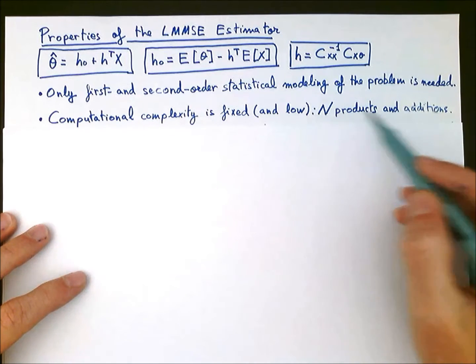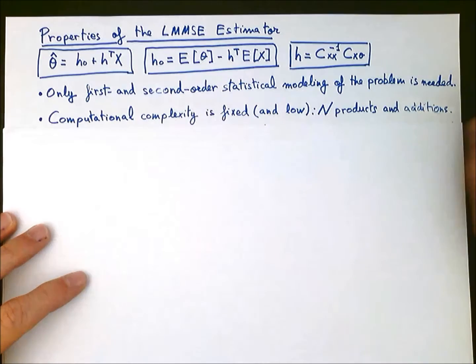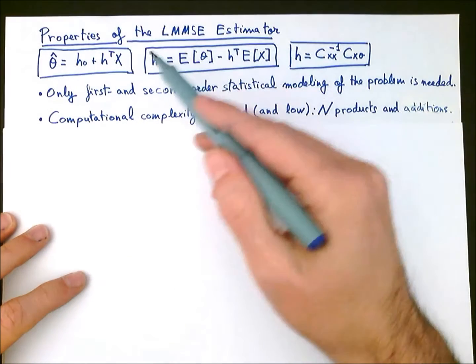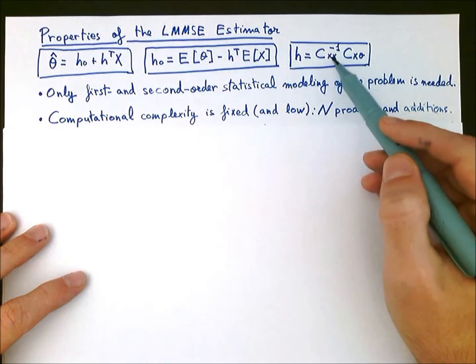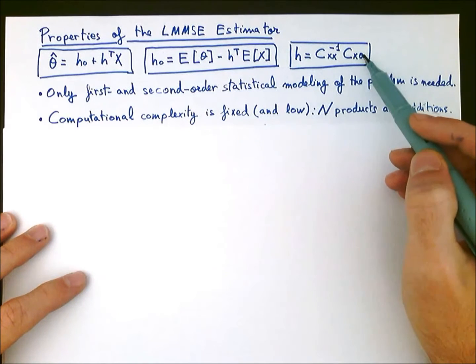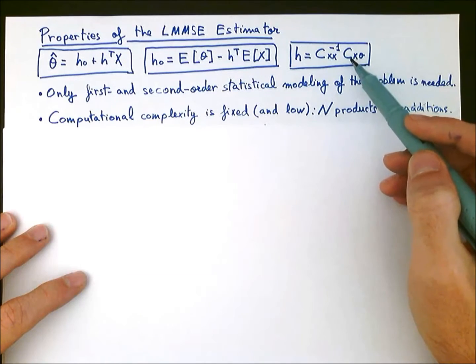Therefore, only n products and additions are needed for every new realization of the estimator. Of course, this is given the case that the covariance matrices between the data and between the data and the unknown parameter are fixed and do not change on the fly during our estimation problem.